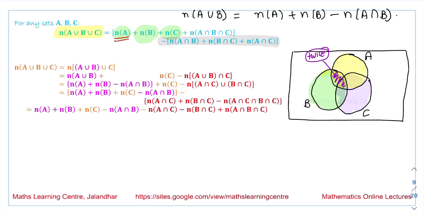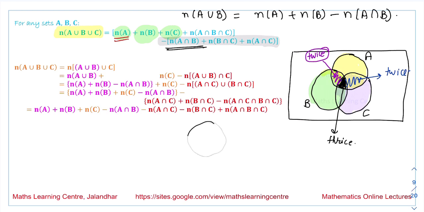What we are saying is, this portion is covered twice. This inner portion we are talking about is covered thrice. Now what we have subtracted, we are talking about this inner portion over here.